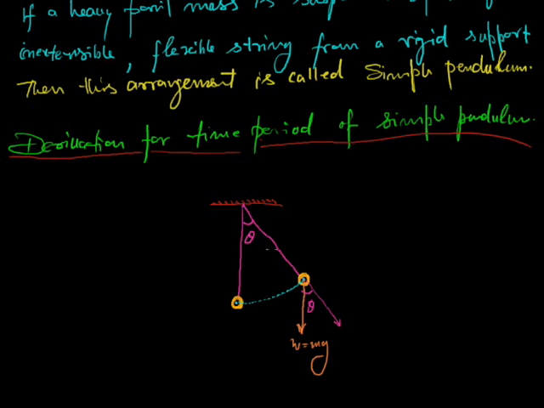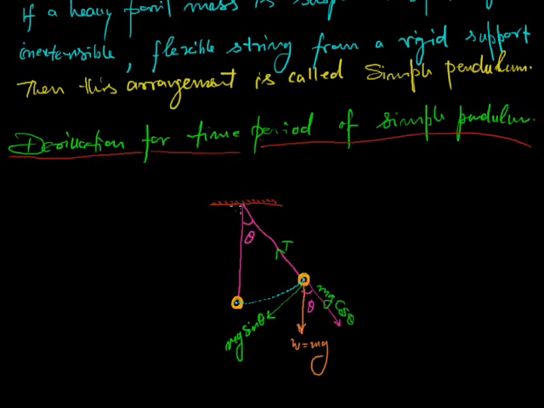Tension in the string is always towards the support. A component of mg, the weight of the body, is mg cos theta, and another component, this is the vertical component, will be mg sin theta.